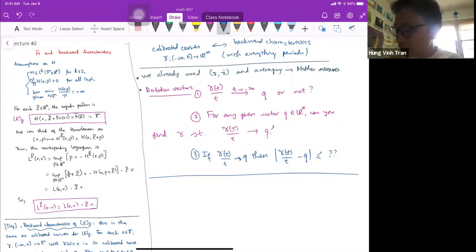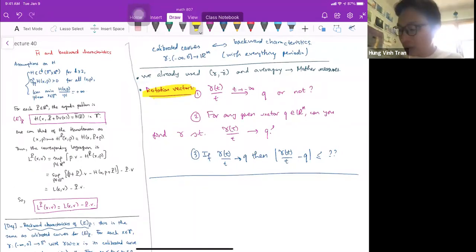So it turns out that to study this kind of question, I needed to wait until today because I needed to introduce the framework. And once we have the framework, then we are able to do it. It's not too hard, but this kind of question about rotation vectors really depends on what we had done earlier.